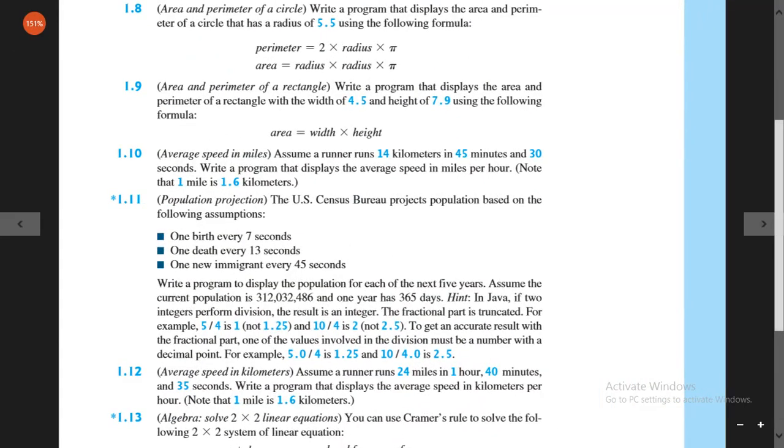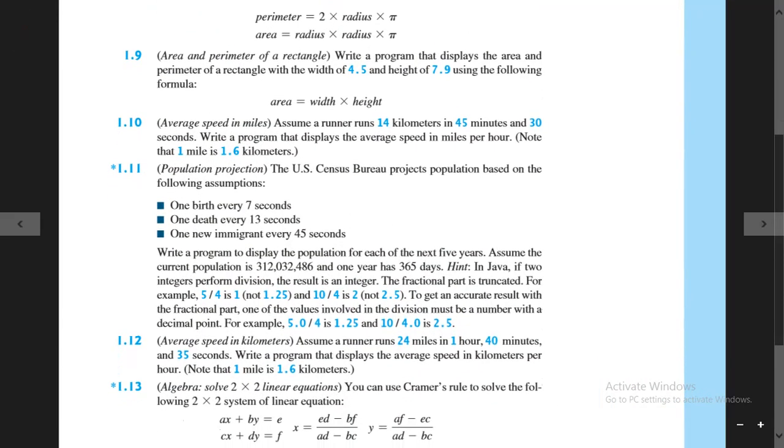We're doing exercise 11, which seems to be the most interesting one out of all the ones we've done up to this point. It's called population projection. The US Census Bureau projects population based on the following assumptions: 1 birth every 7 seconds, 1 death every 13 seconds, 1 new immigrant every 45 seconds.